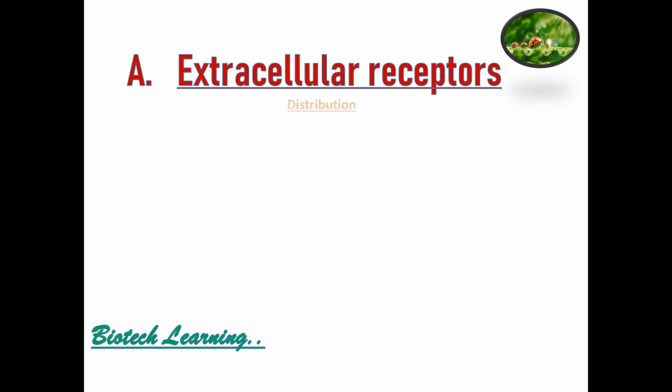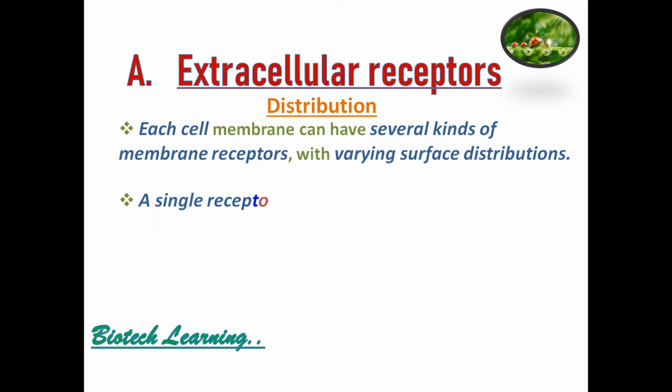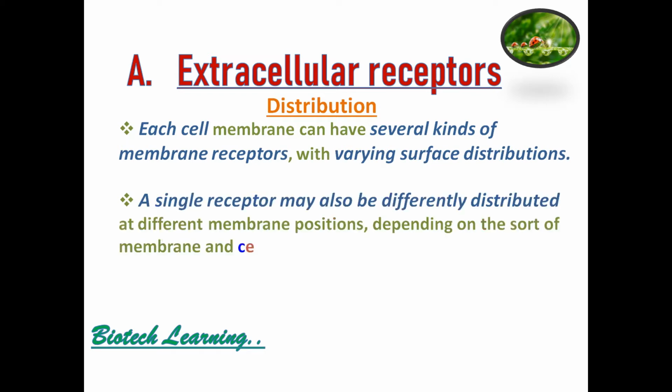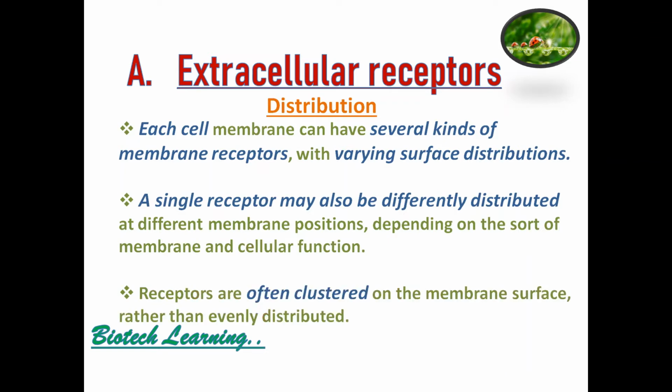Let's see in detail. How are these receptors distributed? Each cell membrane can have several kinds of receptors with varying surface distribution. Even a single receptor may be differently distributed at different membrane positions depending on the sort of membrane and cellular function.